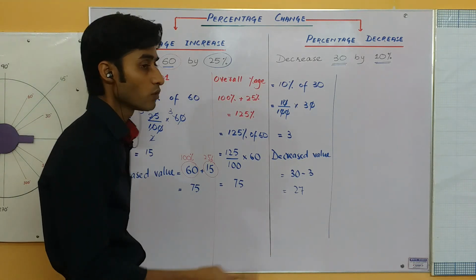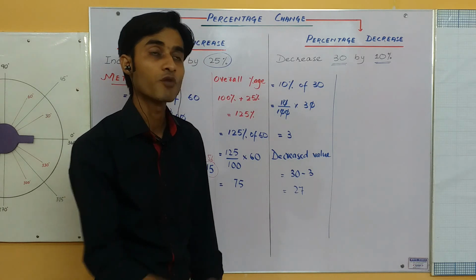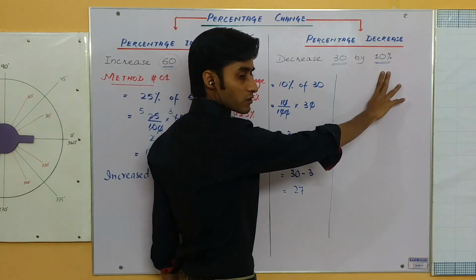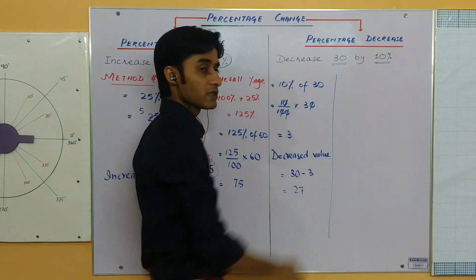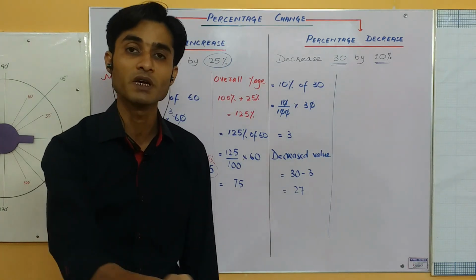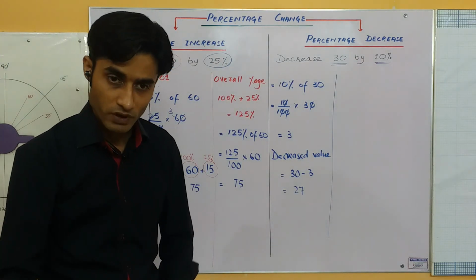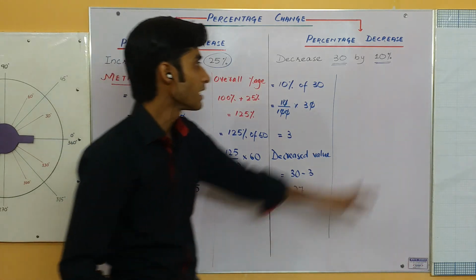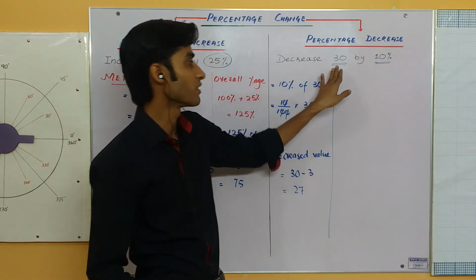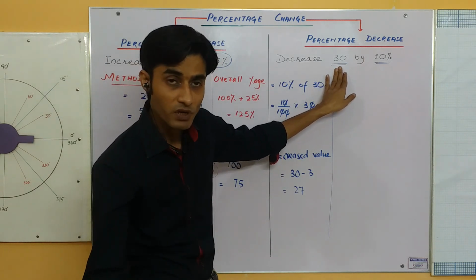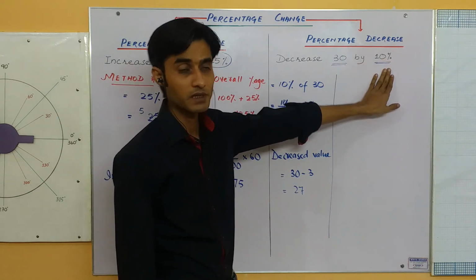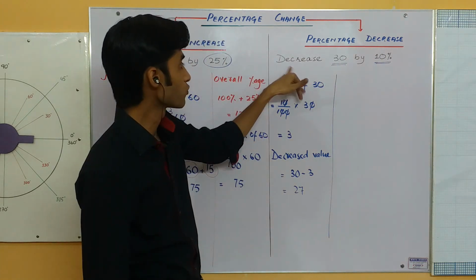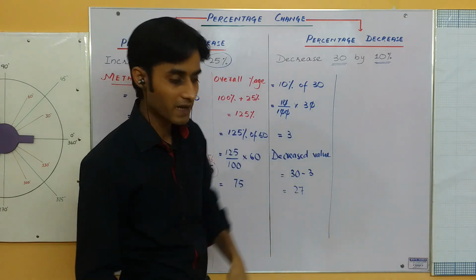On the other hand, what can I do? I can find out the overall percentage of the final value. How much change is there? 10% change is there. What is the original percentage? The original percentage is always going to be 100%. Do I have to increase or decrease? In case I have to increase, I'll add 10% to 100%. And if I have to decrease, I'll subtract 10% from 100%. So now you know what I have asked you to do: I have asked you to decrease the value.